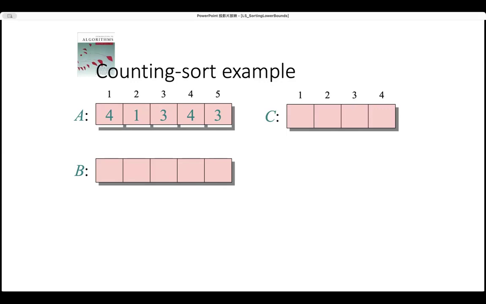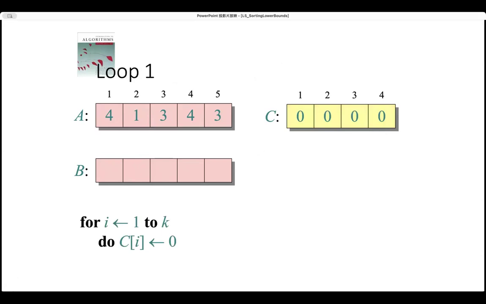Obviously the size of this auxiliary array is 4, because these numbers range from 1 to 4. So initially for the first loop, you need to initialize this array C to be all zeros. This part is quite straightforward and easy to understand.